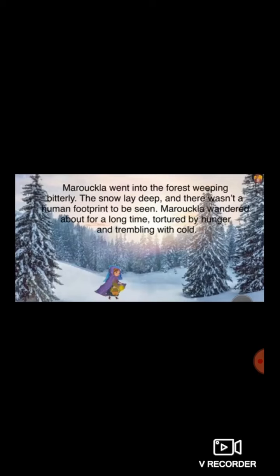The snow lay deep and there wasn't a human footprint to be seen. She was very hungry and trembling with cold. Trembling means shivering. It was too cold outside in the forest.